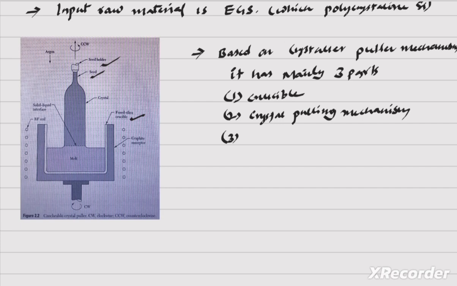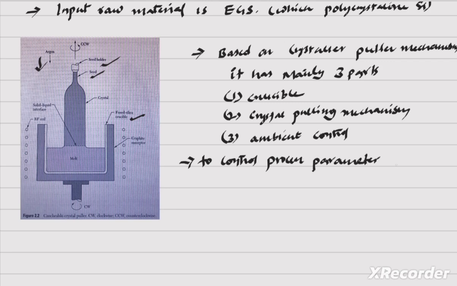Lastly, the ambient control, which has argon gas flow and an exhaust system. Also, to control process parameters, there is a microprocessor system.